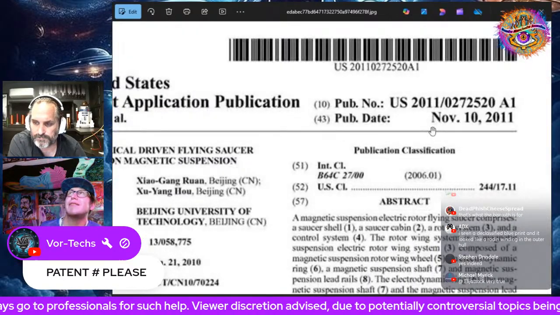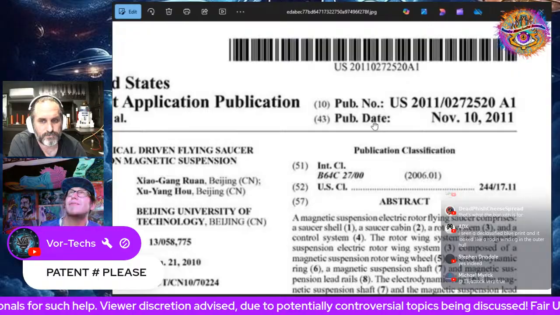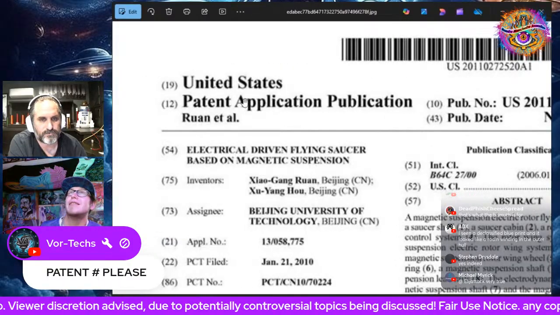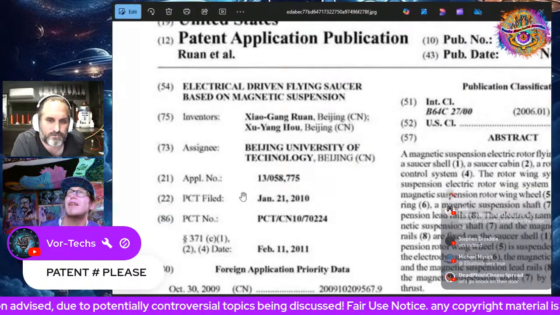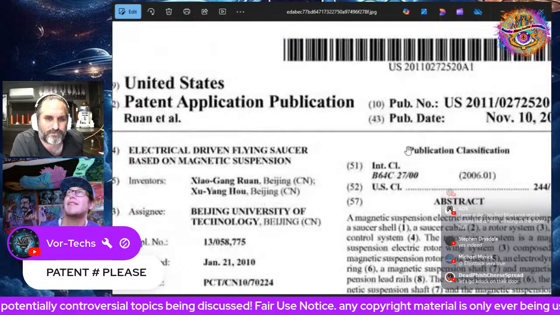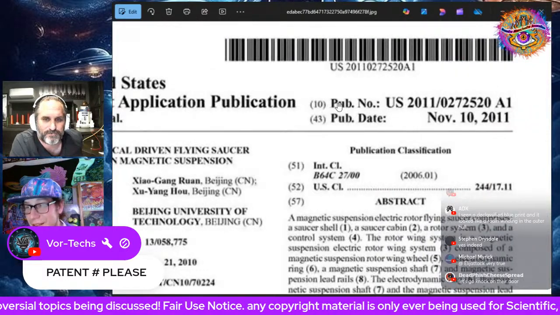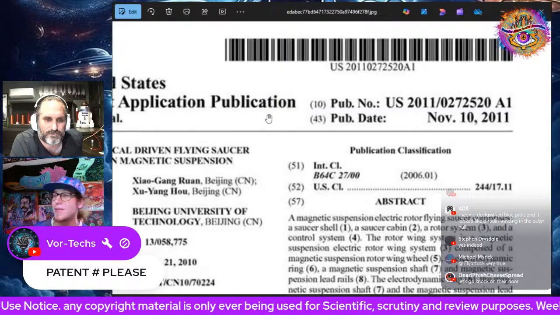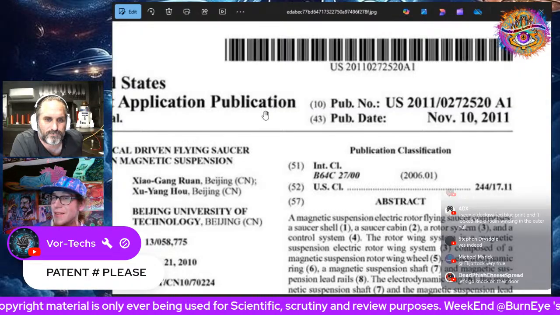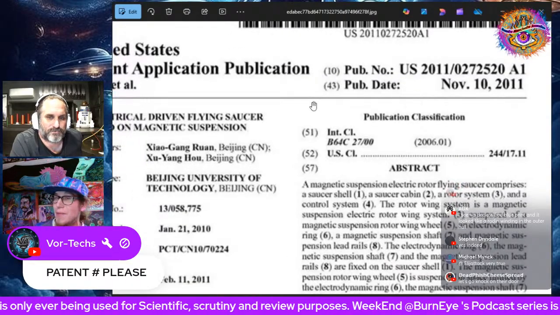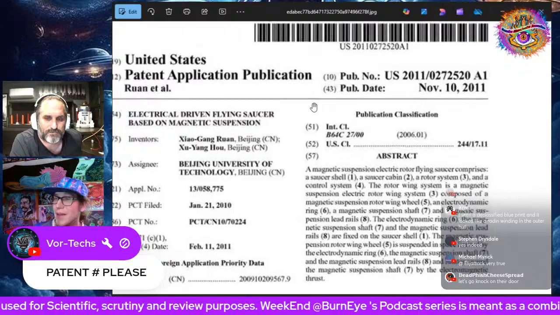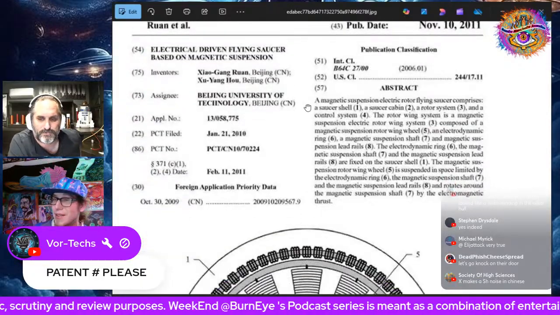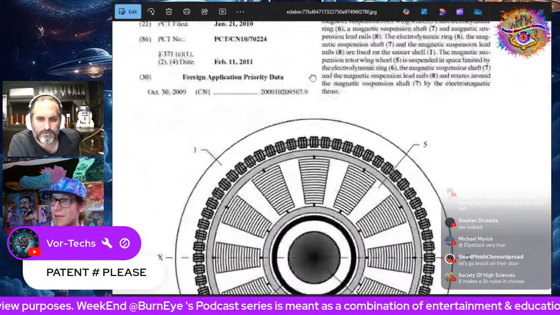But see, this is November 10th, 2011, because this is the United States patent, where this is the Chinese patent. And so it was first filed in China by the Chinese. Then they decided to come over and also patent it in the US. And that, right, if it's published, that means that it is a working model, right?